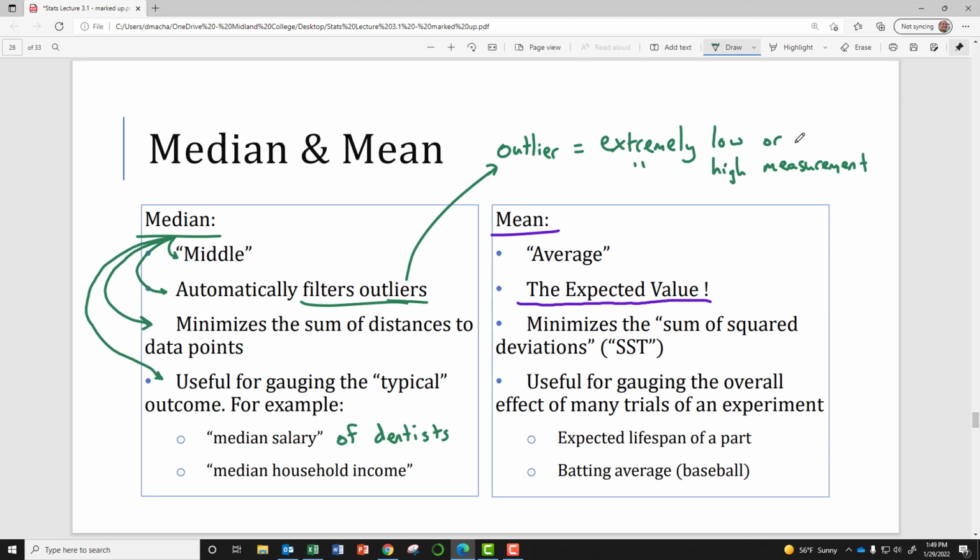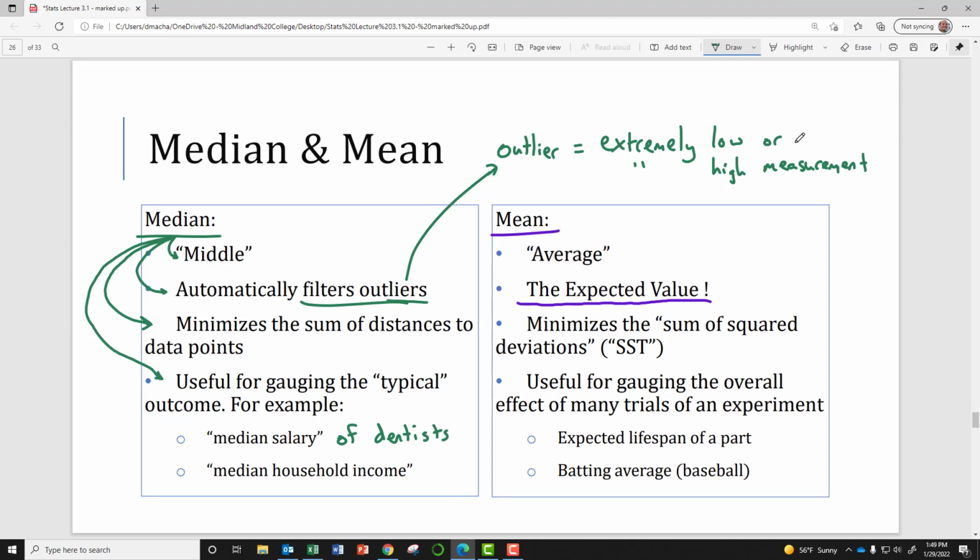So you might Google search median salary. That would be more important than the average salary, because the average includes some dentists that make a ridiculous amount of money, maybe celebrity dentists or the president's dentist. They might skew the mean salary, but the median is what we consider typical for salaries of dentists.